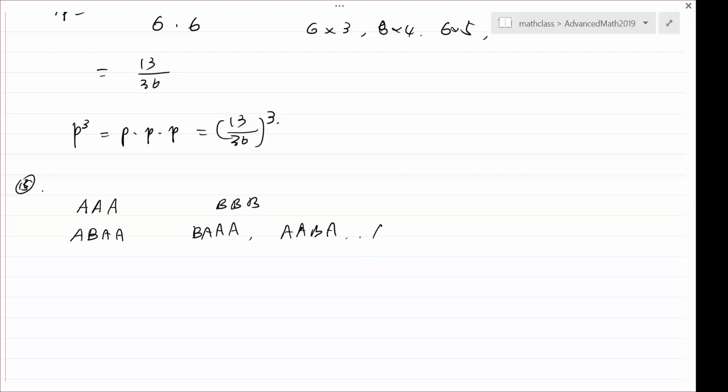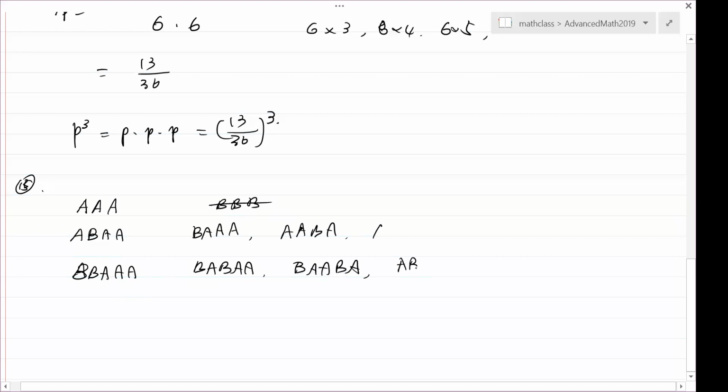So the example is already clearly explained to you. Then there's the possibility that team B wins twice, but still team A wins. The possible pattern will be team B wins twice, and after that team A wins three times.